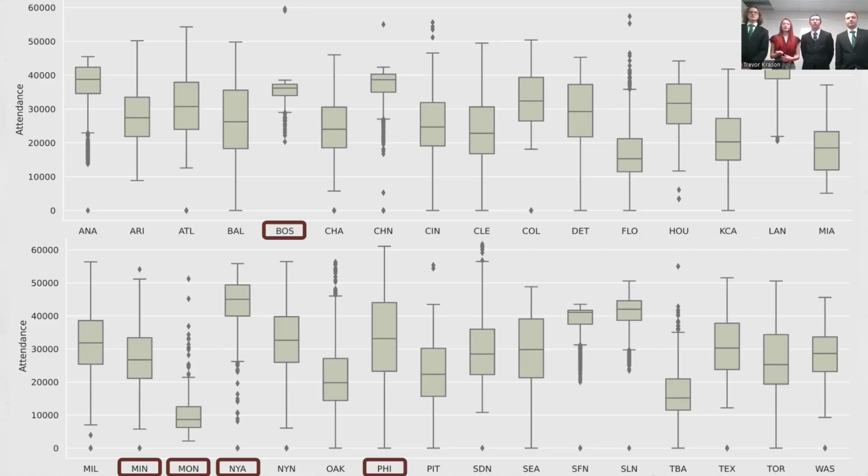And then a couple over is the Philadelphia Phillies, which have the largest standard deviation. And then on the first row, there's the Boston Red Sox, which have the smallest standard deviation. So we wanted to show this to highlight that all the different teams have very different attendance, and they might have different things that are affecting their attendance.